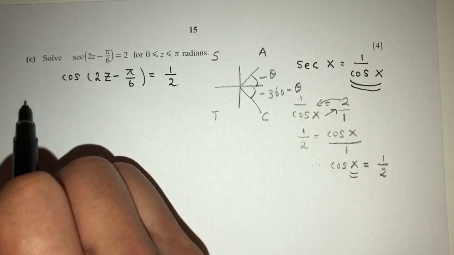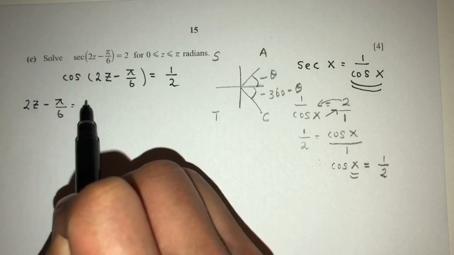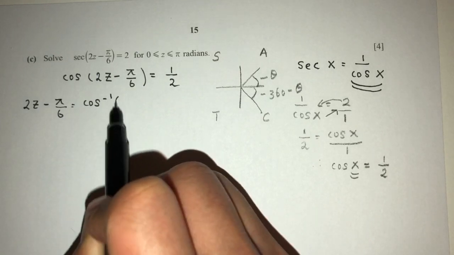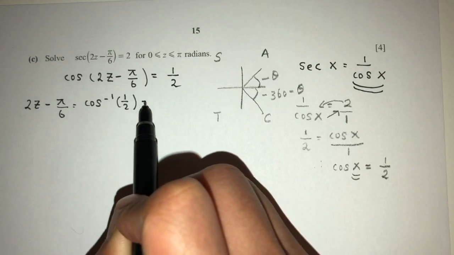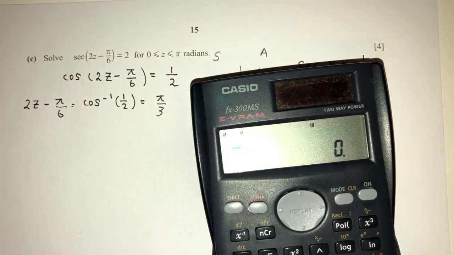So to find the value of the angle, we have to take cos inverse of half, and that will give you the value of pi by 3. So you can check, cos inverse of half is 60 degrees, which is pi by 3.